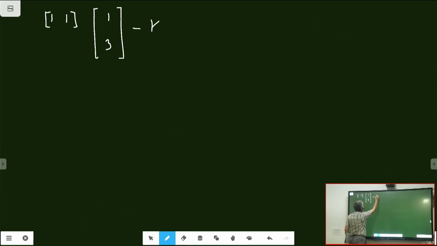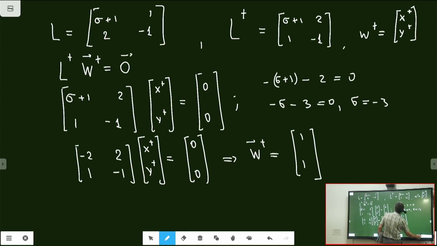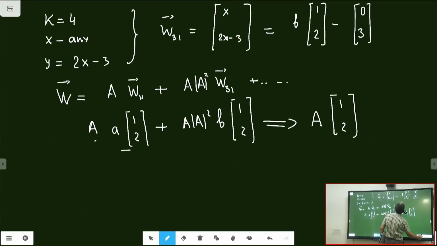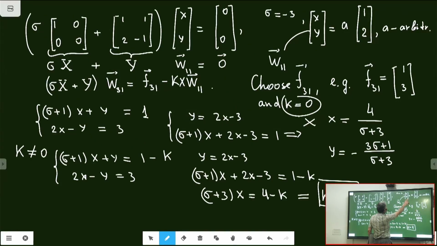Minus k multiplied by, now let's see what it is. K is multiplied by, where is that? That's my eigenvector, 1 and 2, right?